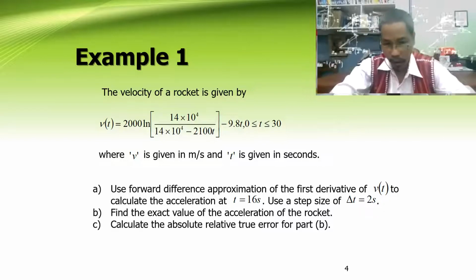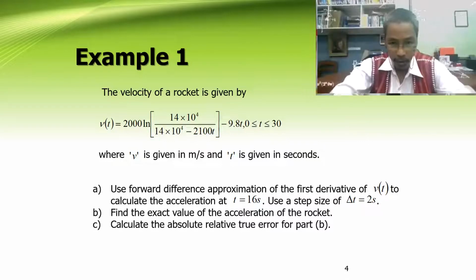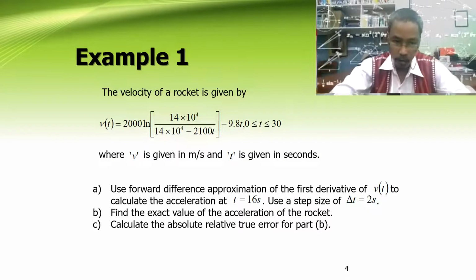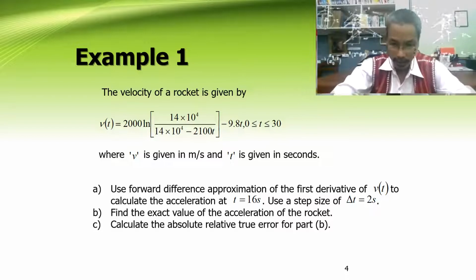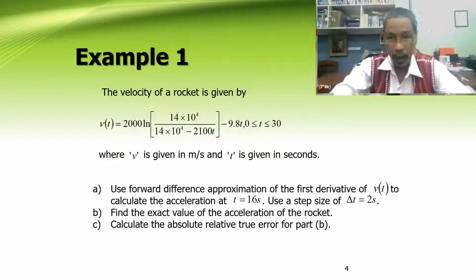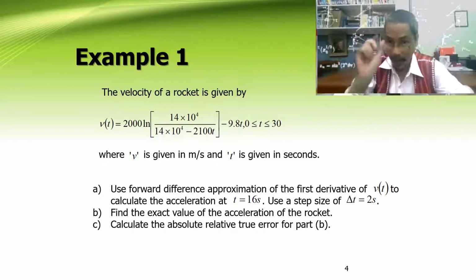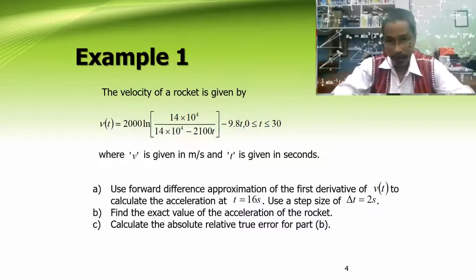The question now, letter A: use the forward difference approximation of the first derivative of v(t) to calculate the acceleration at t equals 16 seconds. Use a step size of delta t equals 2 seconds. So we have a finite value of delta t.